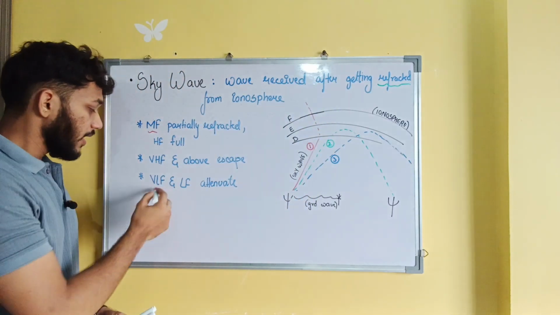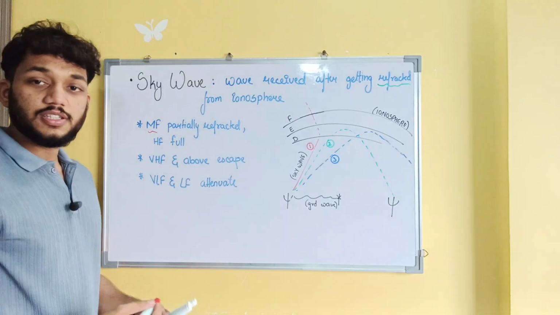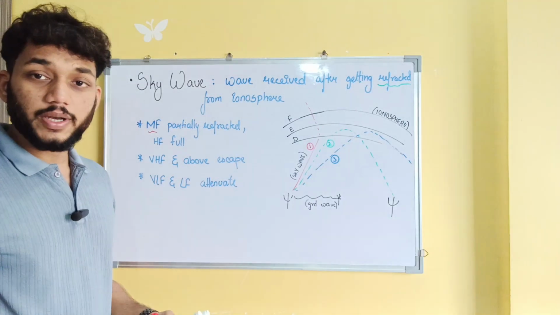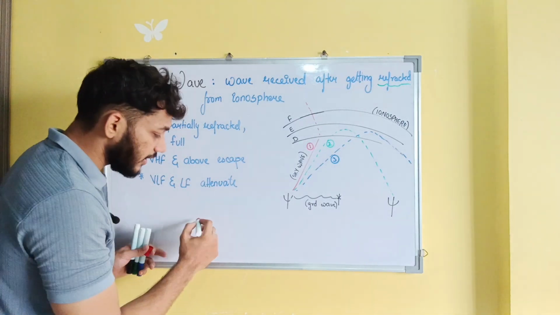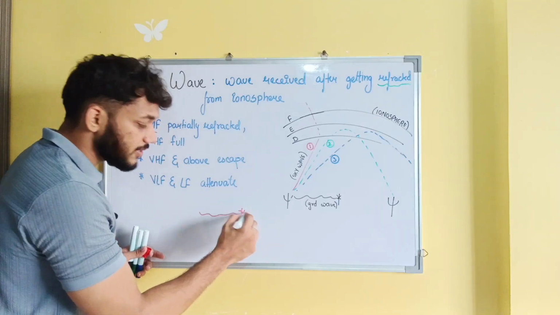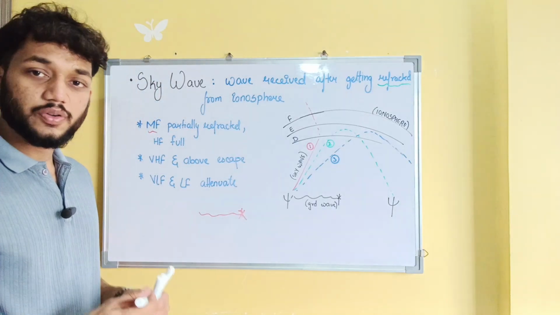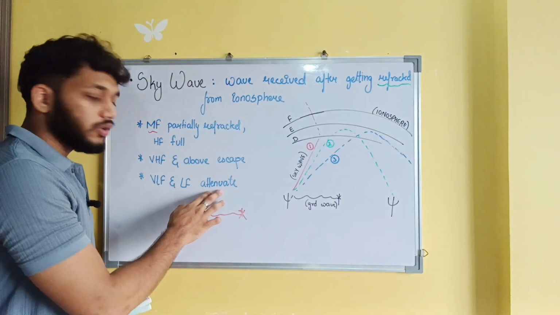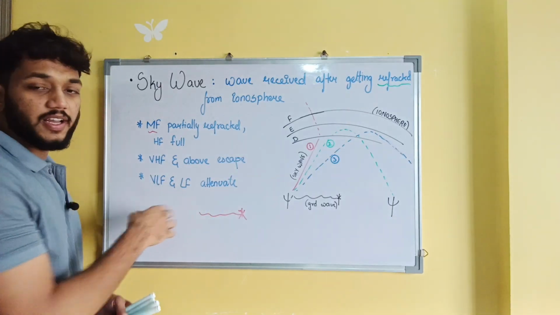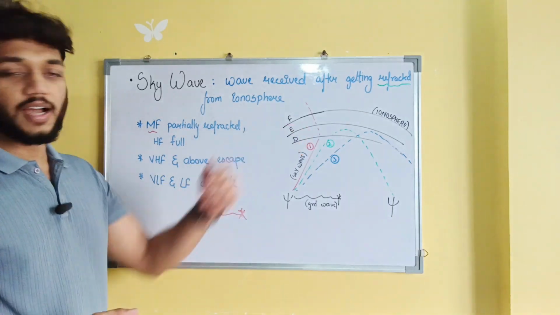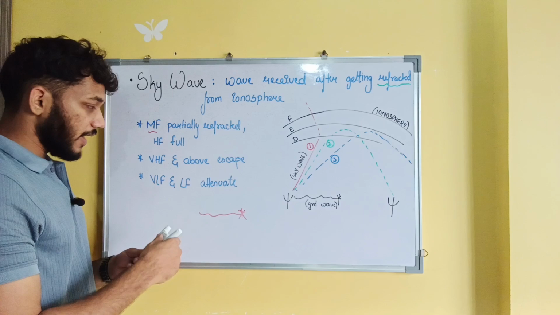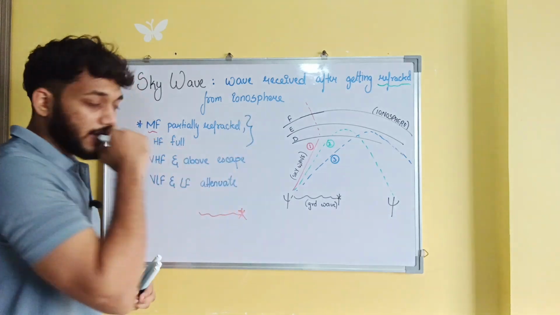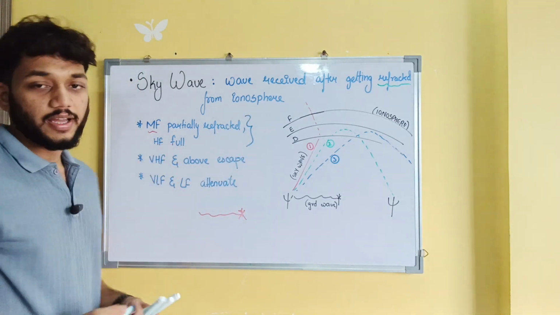VLF and LF get attenuated. We have already studied that attenuation is dissipation of the energy of radio waves, so it gets extinguished. Due to attenuation, VLF and LF cannot be used as sky wave. So the only frequency bands that can be used are partial MF and HF.